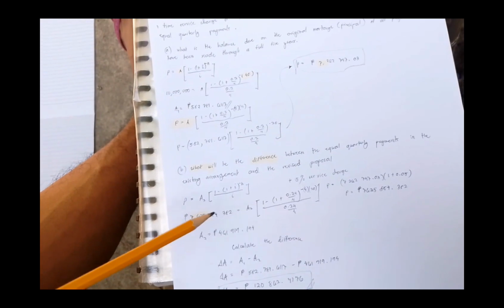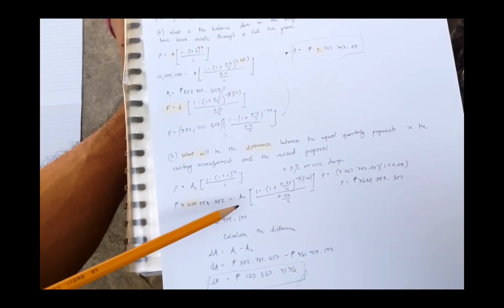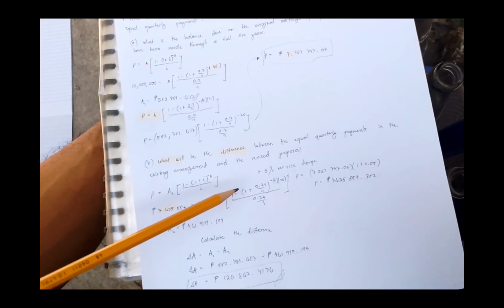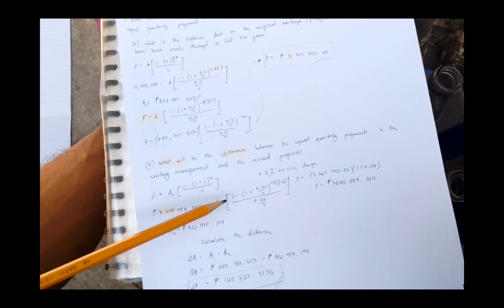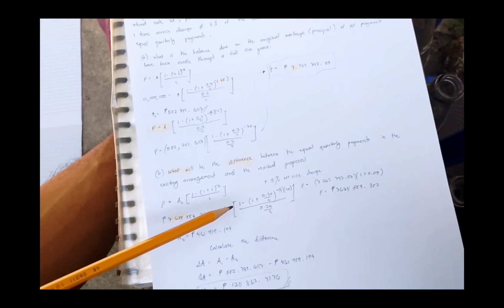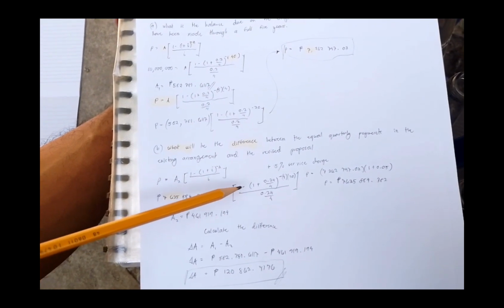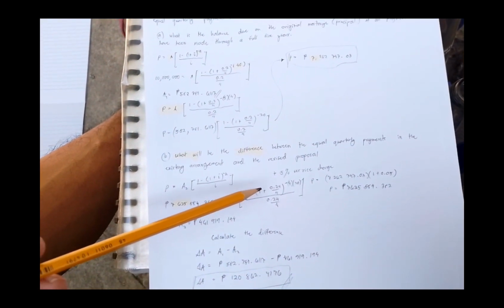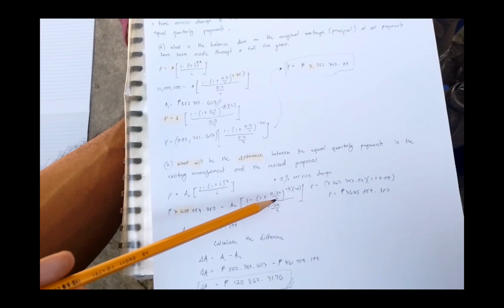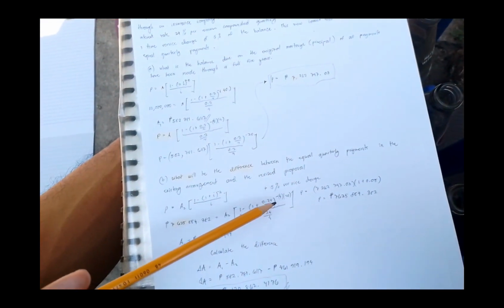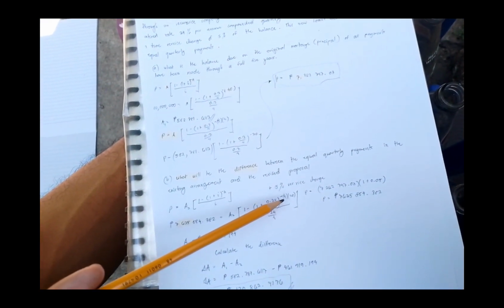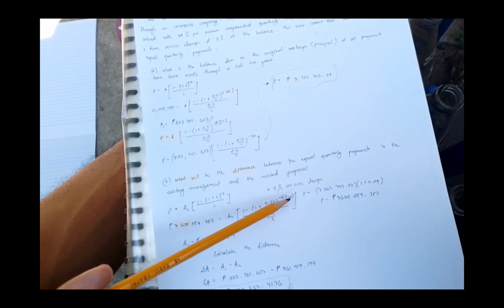So 7,625,884.348 pesos is equal to A2, the annual payment, times the quantity of 1 minus 1 plus 0.24 over 4, compounded quarterly, raised to negative 4 times 20 years.